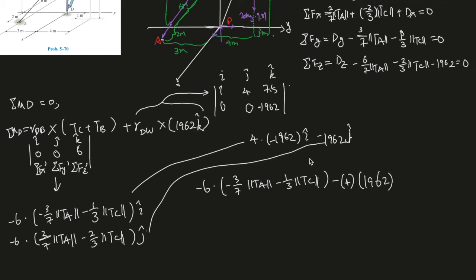Or we can just move this to the right side, set that equal to this. And then negative 6 times 2 over 7 TA, right, minus 2 over 3 TC.